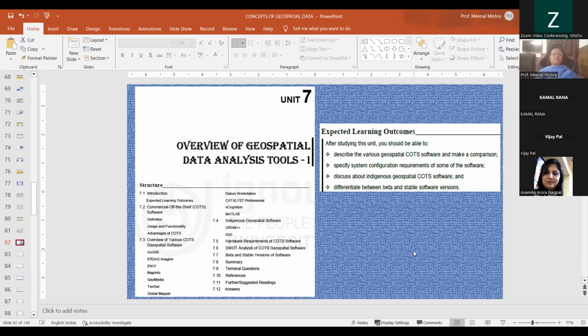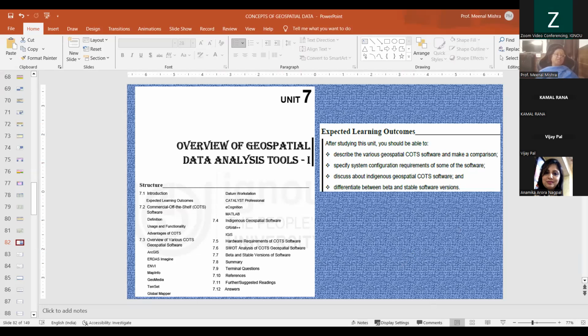So things have been upgraded according to the present state of knowledge available. You have only one unit there, but now this has been divided into two units, unit 7 and 8, that is part 1 and part 2.